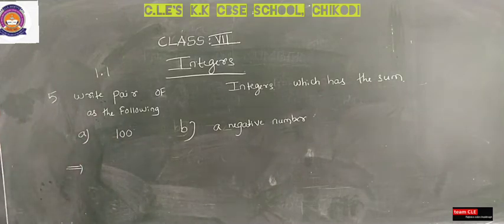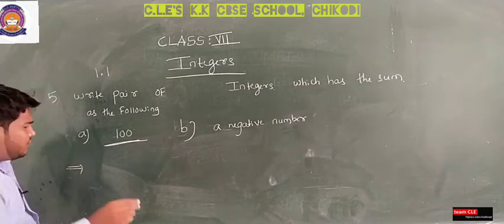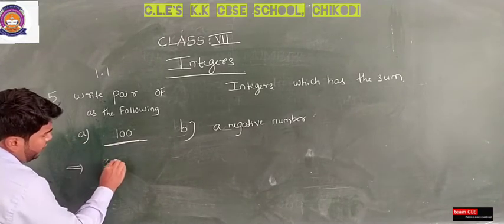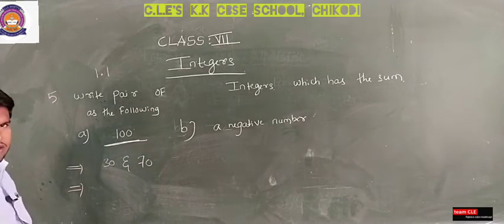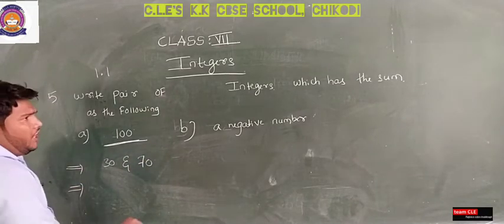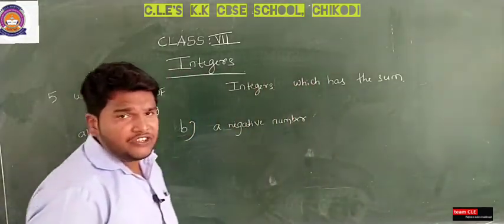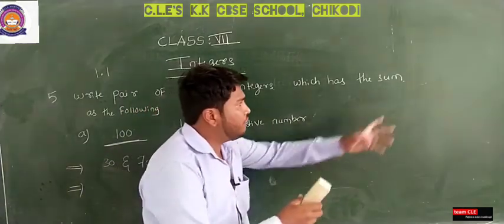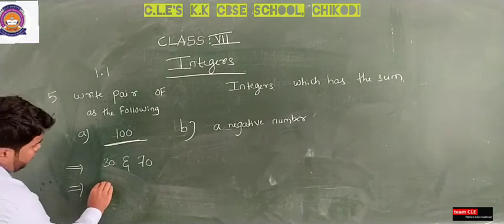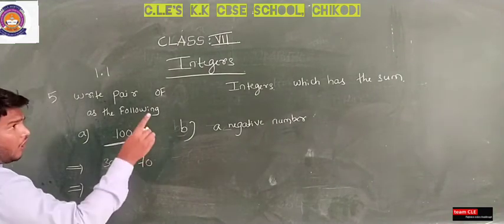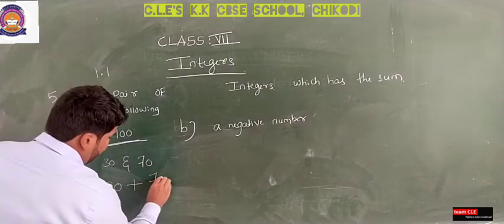The first question we have is 100. I will choose the two integers as 30 and 70. The question says sum, so I have to use the operation as addition, and whenever the question says difference, we have to use the subtraction operation. So I choose the first integer as 30, plus, and 70.